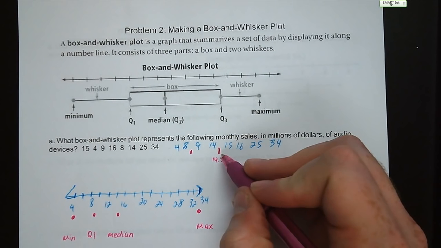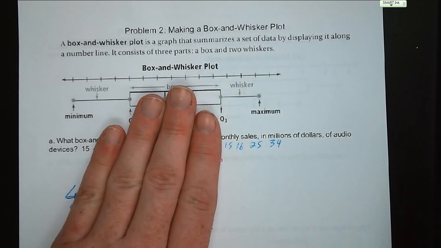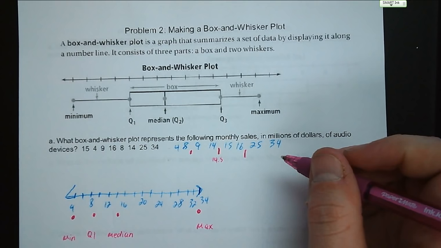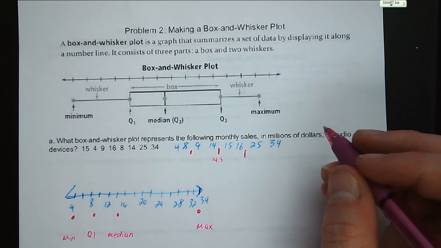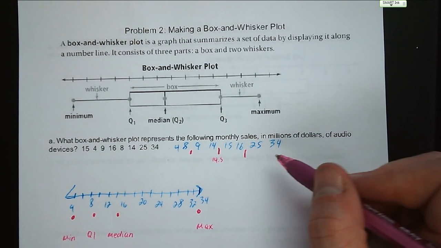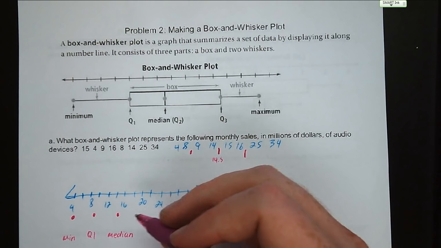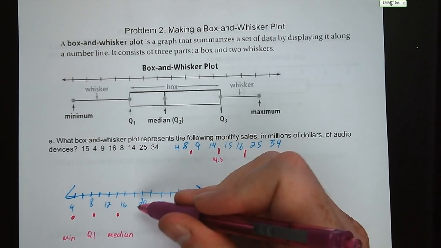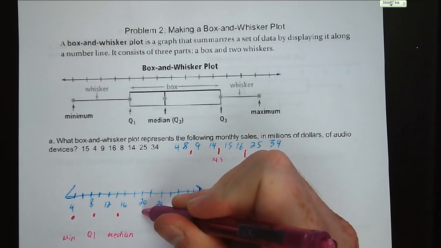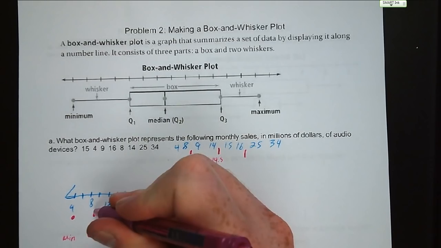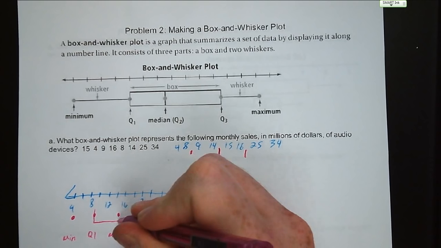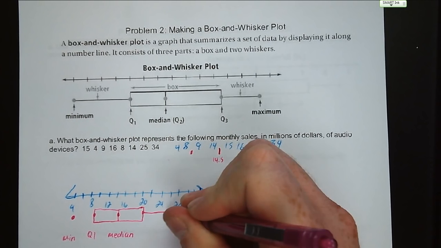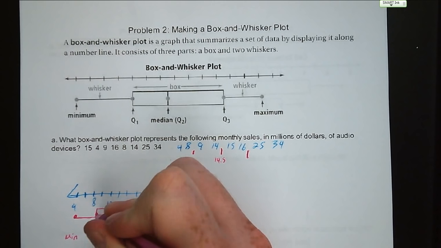And the midpoint of the top of my data is going to be right here between 16 and 25, and that's going to be right at 20.5. Okay, so that'll be right about there. So now we draw in our box, and we draw in our 2 whiskers. Okay.